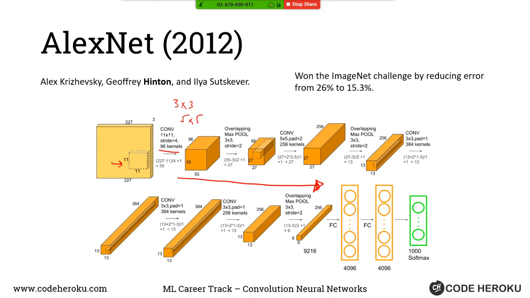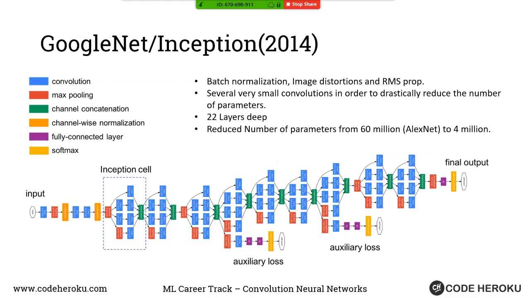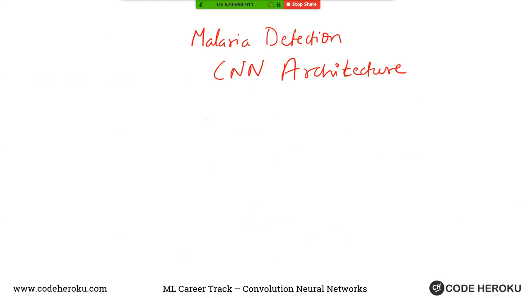So maybe we want to get from a bigger image to smaller activation units. That will be a strategy. There is no right or wrong answer to it, but this is how I'm going to design my network today. Feel free to try out different kernel sizes, different depths of layers, and as many different things as you would like to get better performance.